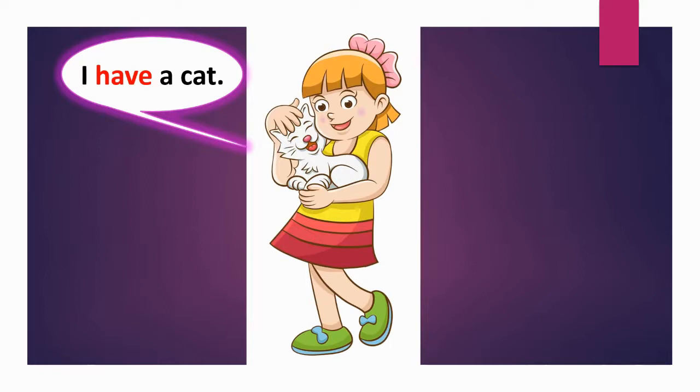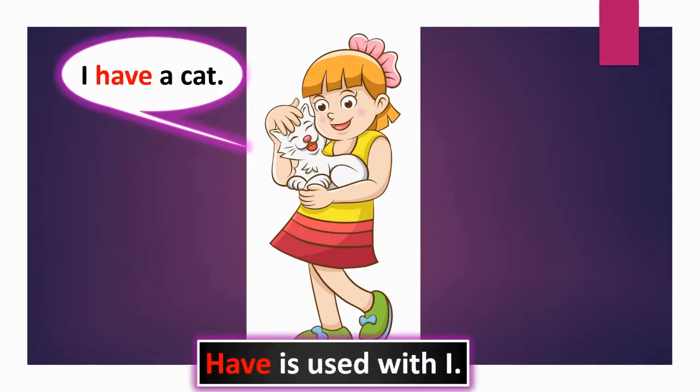So have is used with I. Now children, when you also have some things, you also use have. Yes or no? You say, I have a pencil. I have a book. I have my bag. In this way, when you are using I, you are using have. Okay, now let us see next.